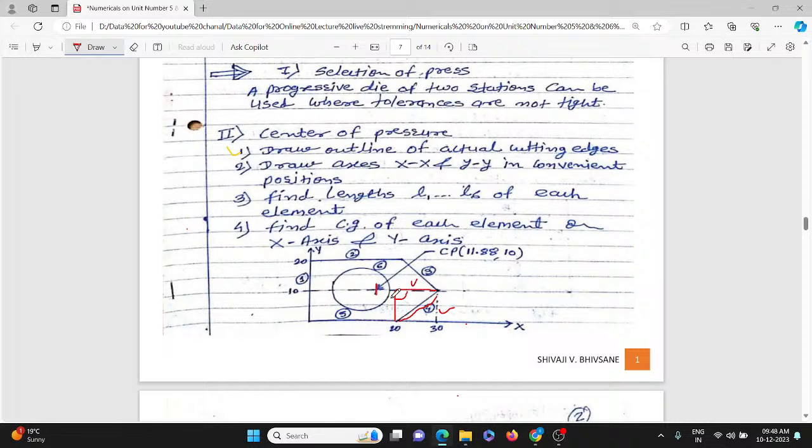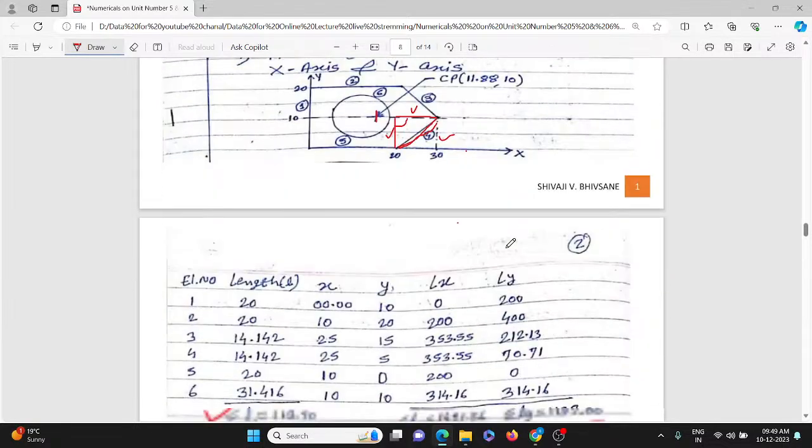This one is the base, this one is the height, and this length is the hypotenuse. In that way you can calculate the length of element number 4 as well as element number 3, and you can see it is the same.